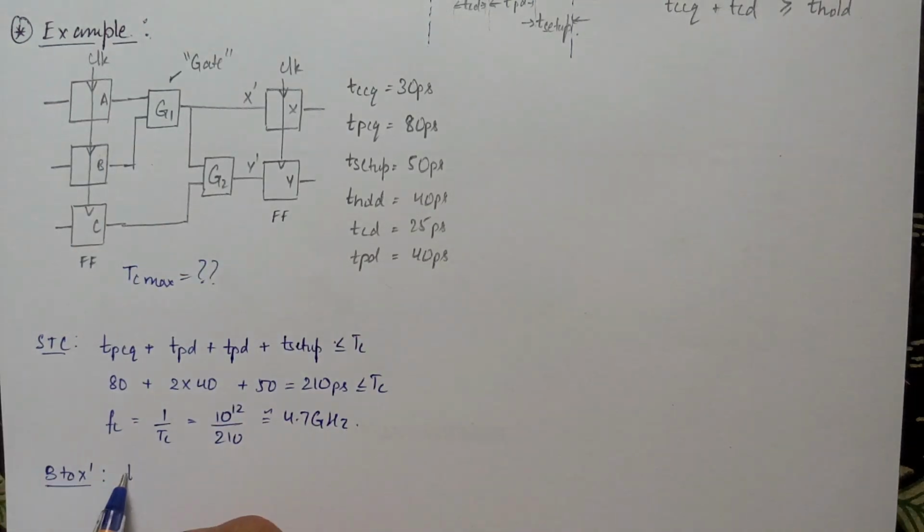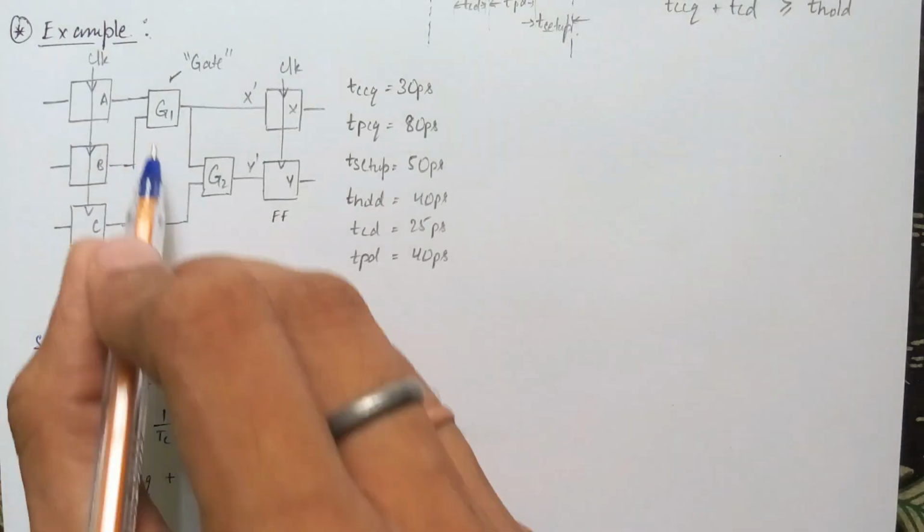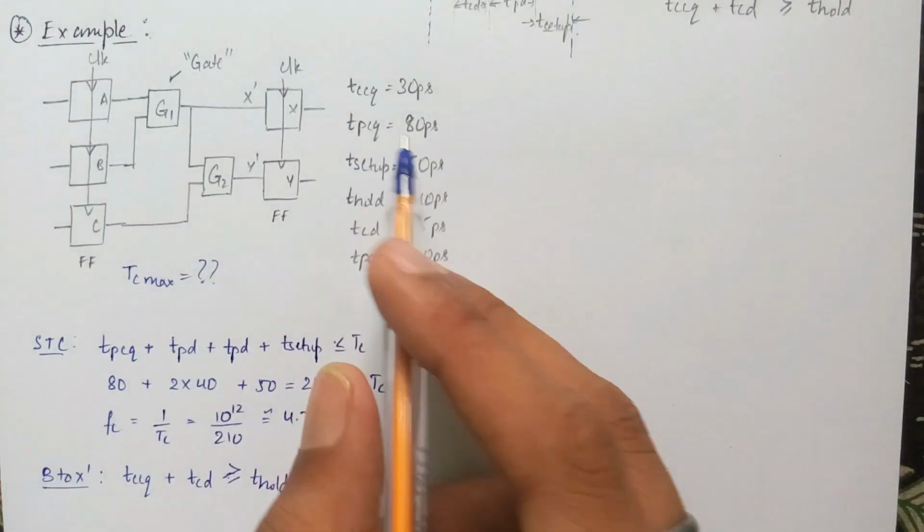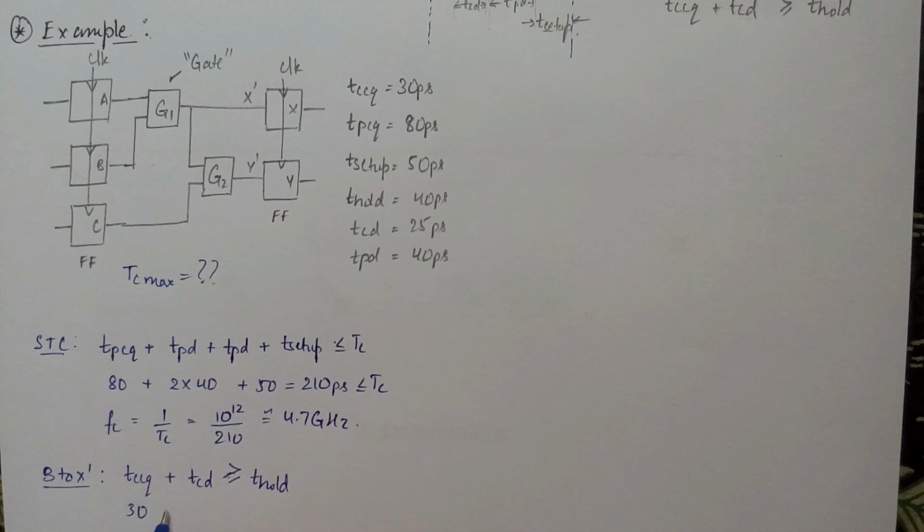Then the clock to output contamination delay of the flip-flop plus the contamination delay of G1 must be greater than the hold time of this flip-flop. So TCCQ plus TCD is 30 plus 25, equal to 55 picoseconds, and the hold time is 40 picoseconds. So the condition is satisfied, and the circuit functions properly for a clock frequency less than the one found in this timing analysis.